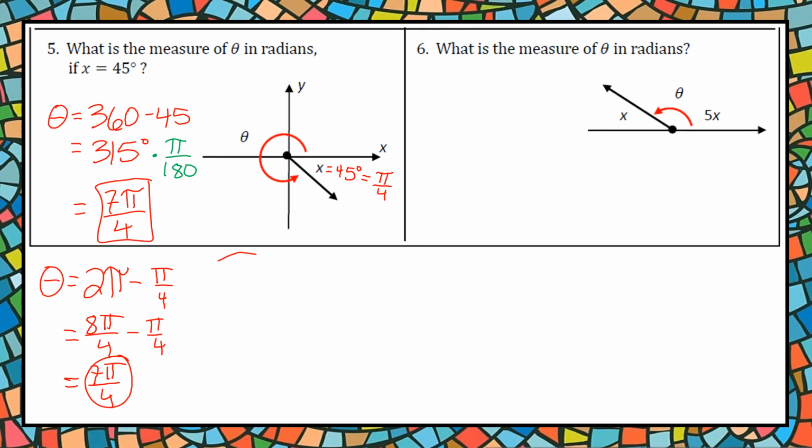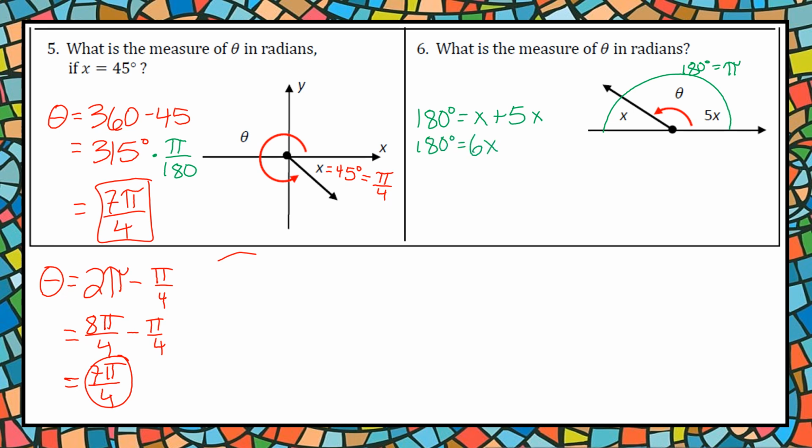So I know that this whole angle here is 180 degrees, which is the same thing as half of that 2 pi circle, which would just be pi. So again, I can do this problem in degrees and convert to radians, or I could do it with radians at the beginning. Either way, I know that that 180 degrees is going to be made up of that x angle plus the 5x angle, or in other words, 180 degrees is going to be equal to 6x.